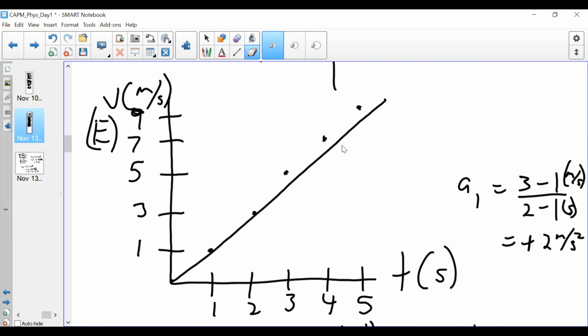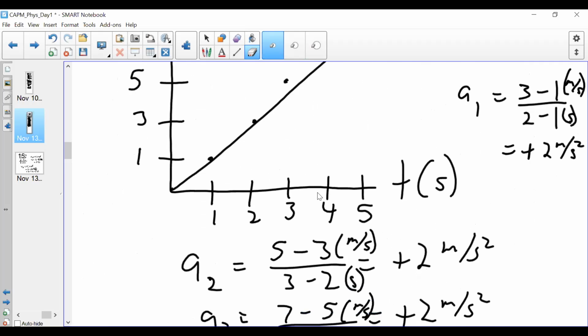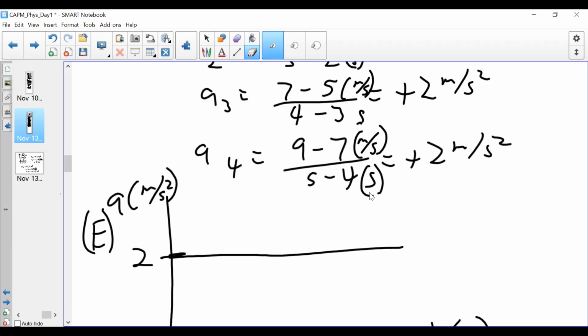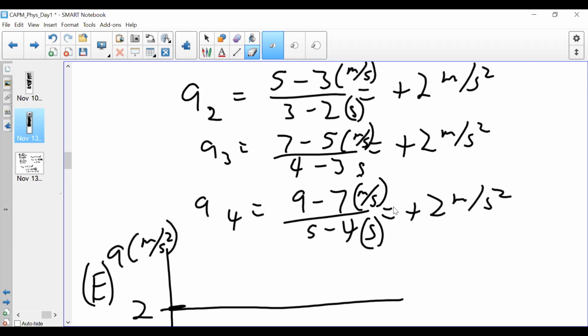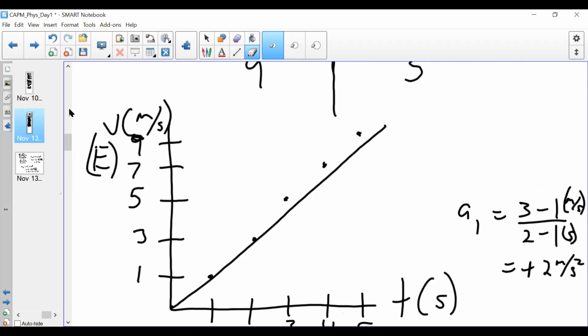As this object is speeding up, what do you notice about the directions of velocity and acceleration on these graphs? Well, as it's speeding up, it's not changing direction. Is that what you're looking for, maybe? Okay, is the direction being east or west?